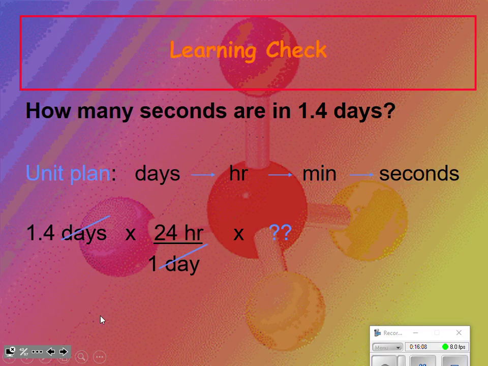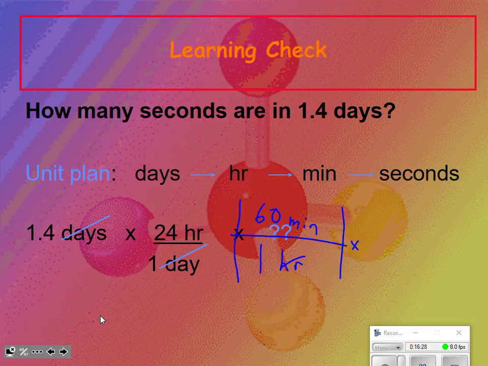I've converted this to hours. What's my next step now? I need to go hours to minutes. So when I set up my conversion factor, I want hours to cancel. So I have 1 hour, 60 minutes. I've now converted that to minutes.